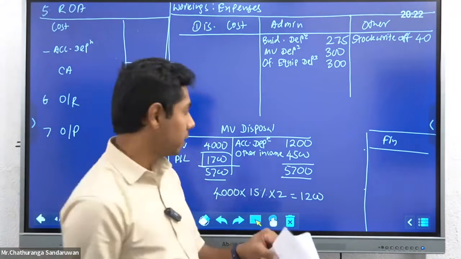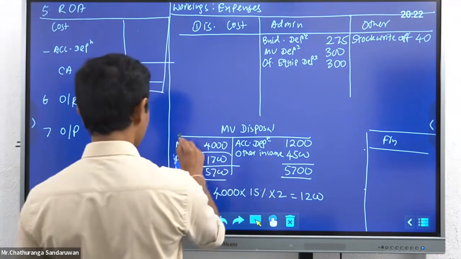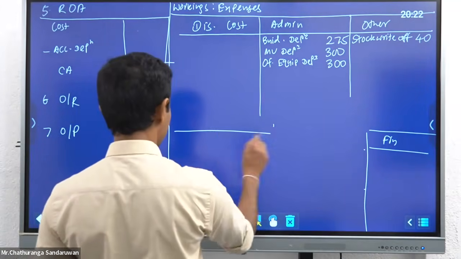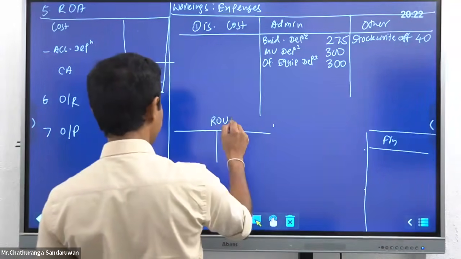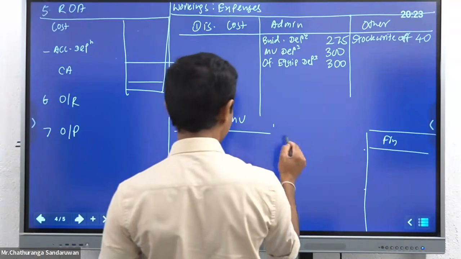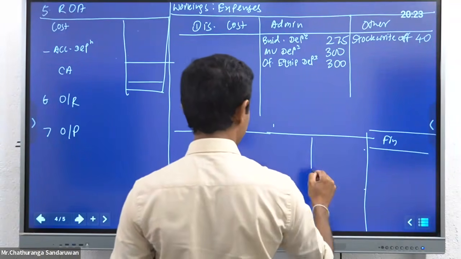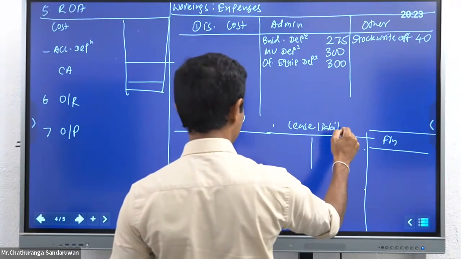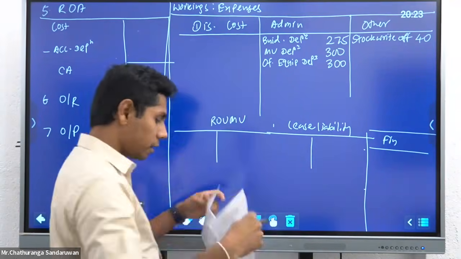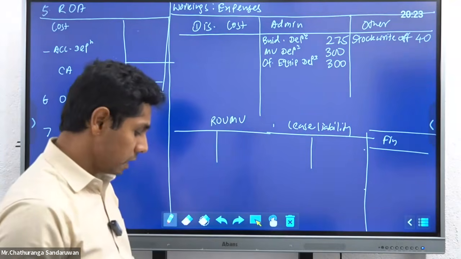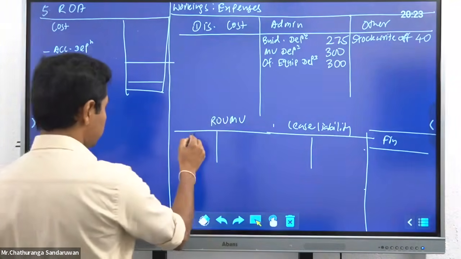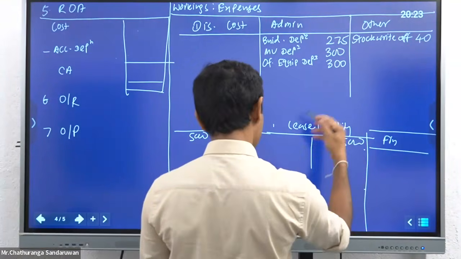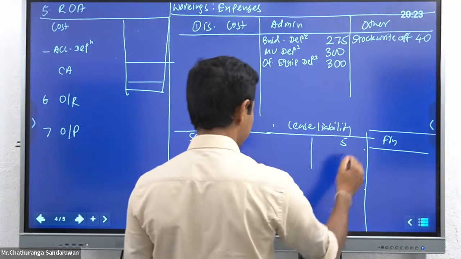Now, if you look at the trial balance, you can see the right of use motor vehicle and the lease liability. Both are recognized at 5 million or 5,000. So here 5 million, here also 5 million.